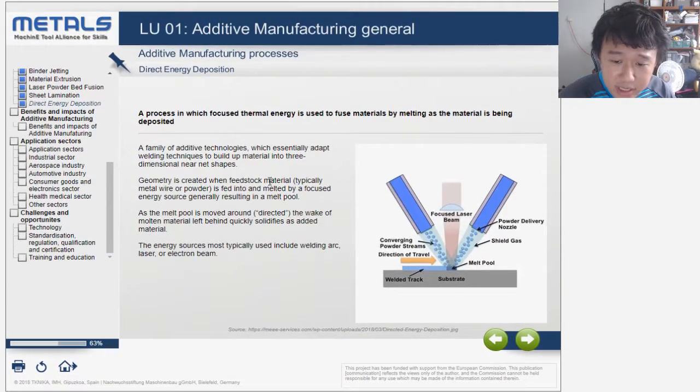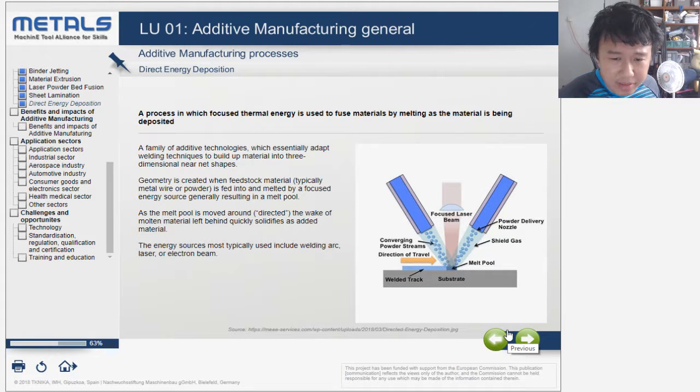Geometry is created when the feedstock material, typically a wire or powder, is fed into and melted by a focused energy source, generally resulting in a melt pool. As the melt pool is moved around, the wake of the molten material left behind quickly solidifies as added material. The energy source most typically used is welding arc, laser or electron beam.